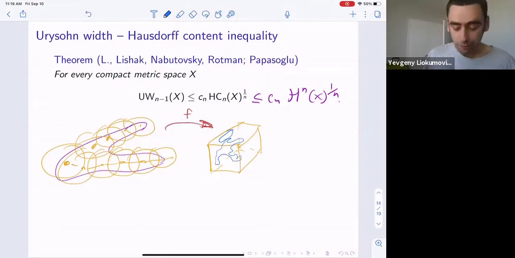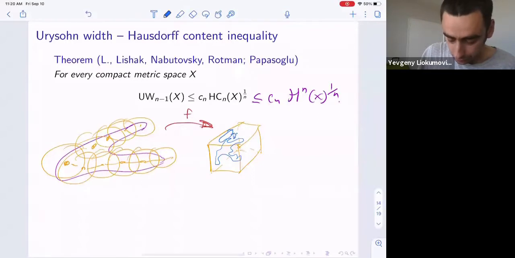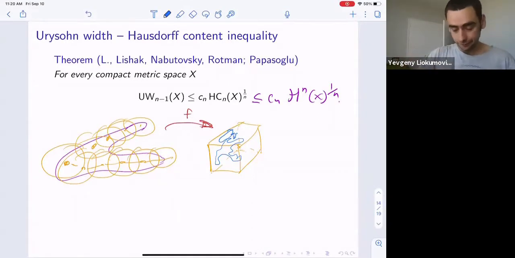This map is going to be Lipschitz, and the image will have Hausdorff content controlled in terms of the Hausdorff content of the original metric space. And then the idea that also comes from Larry Guth's proof is to start pushing this image under this map into the lower and lower dimensional skeleton of this cube, all the way until we push it into the n-1 dimensional skeleton.